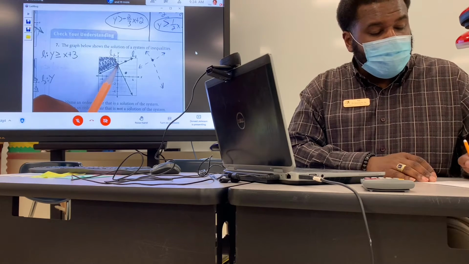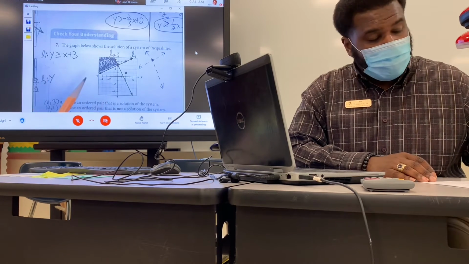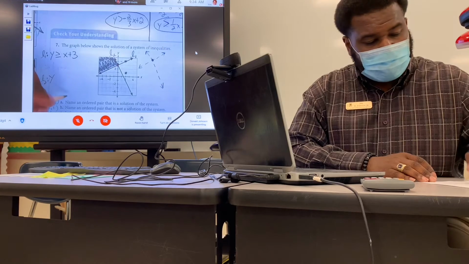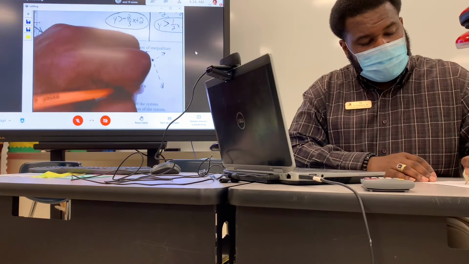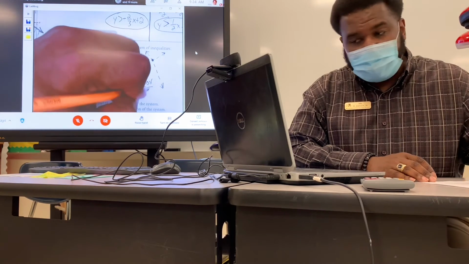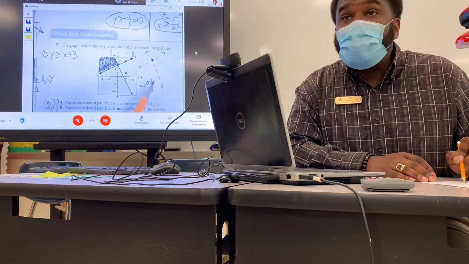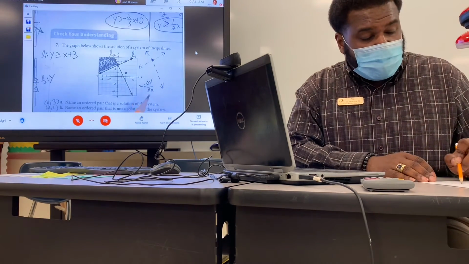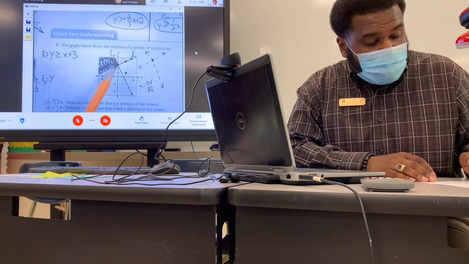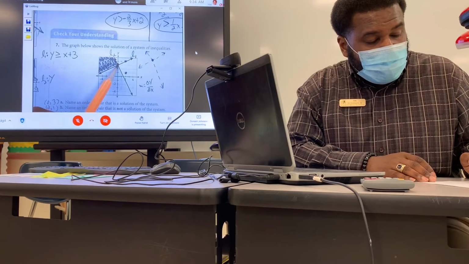Remember for slope, m is delta y over delta x, the change in y over the change in x. To get from this point to this point, how much do we go up? 1.